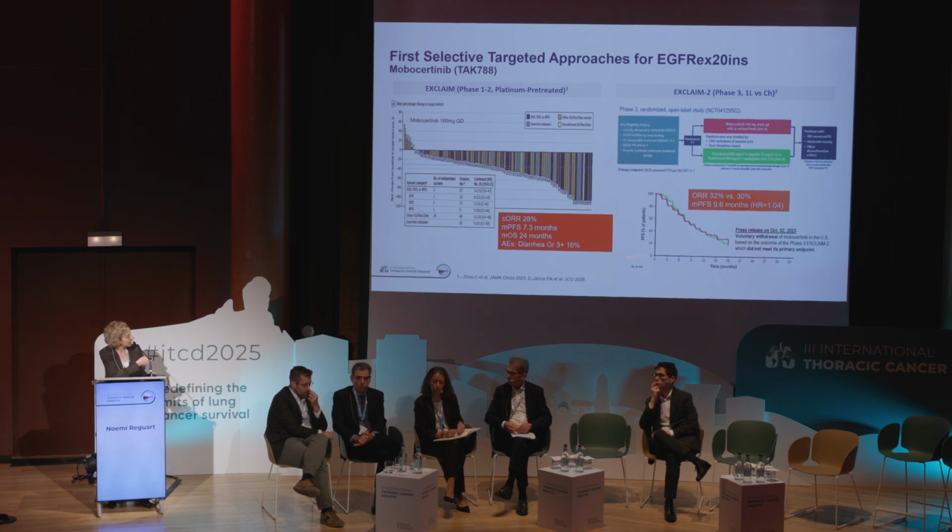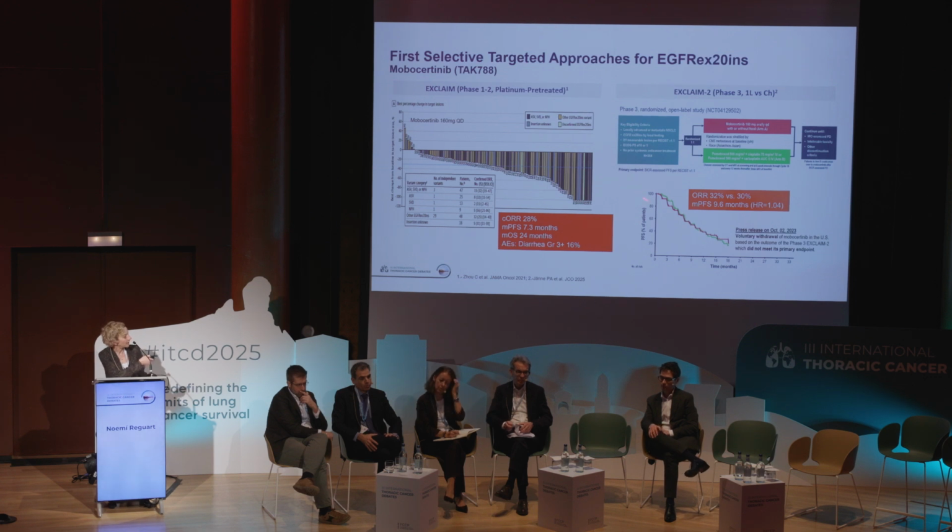Also, the EXCLAIM-2 trial, which was just published the day before yesterday, is the phase 3 trial in the first-line setting comparing mobocertinib versus platinum doublet chemotherapy in this specific subset of patients, and it was a negative trial.